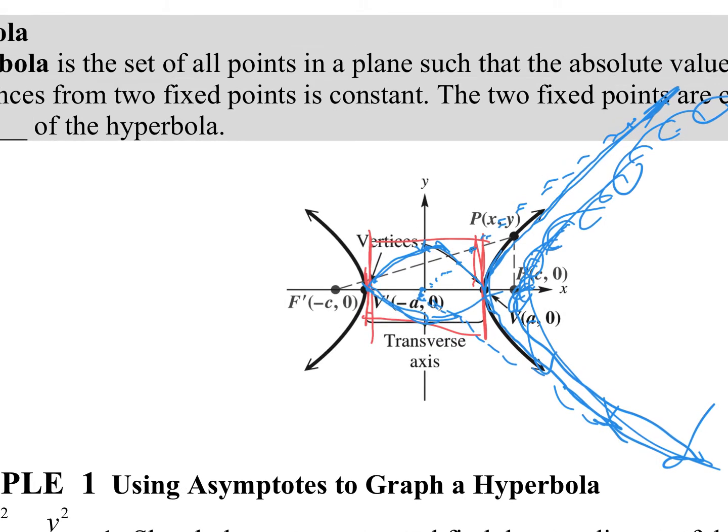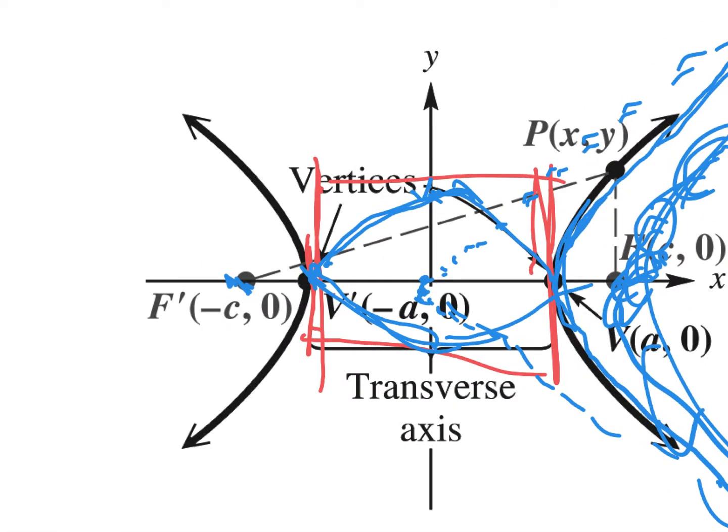But anyway, that's a hyperbola. It has two foci, but they're inside the hyperbola as opposed to being inside the ellipse here. And it does have a center, but the center is between the two vertices. The two vertices are still at a distance a and negative a, just like we did with ellipses.